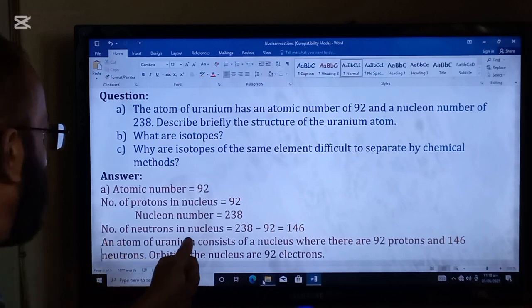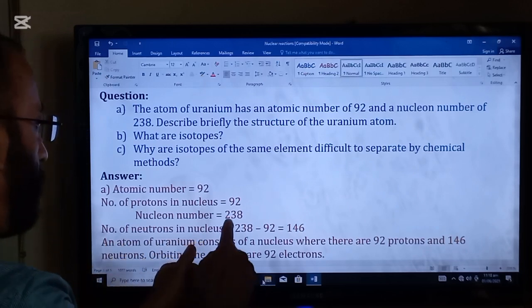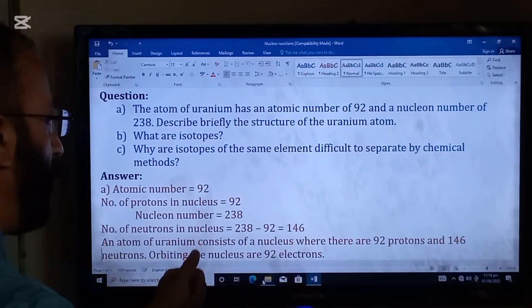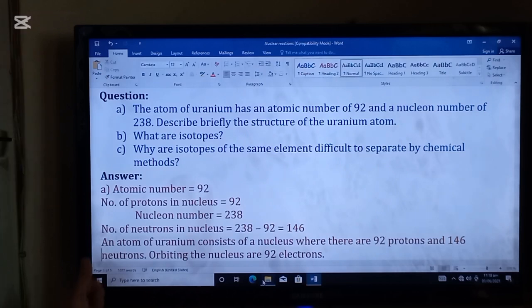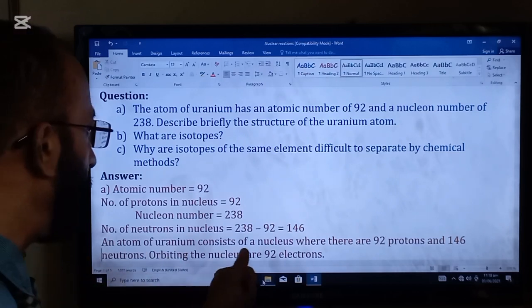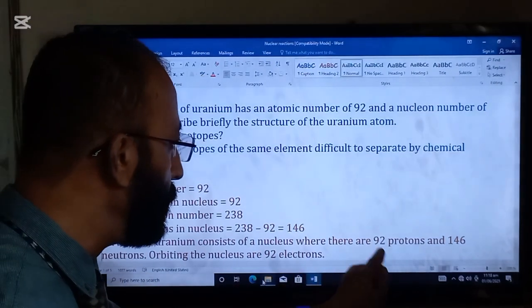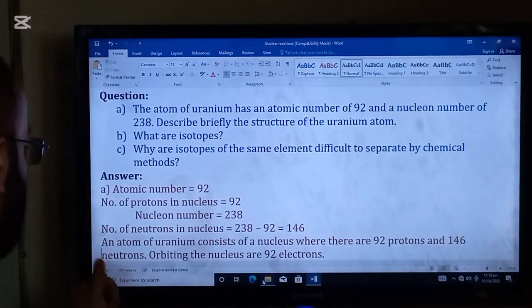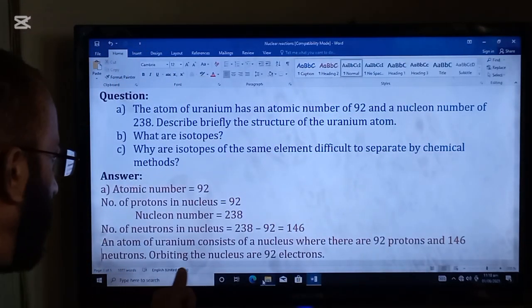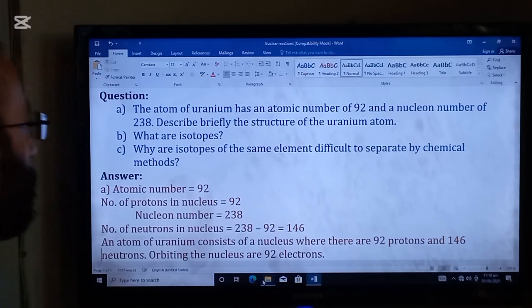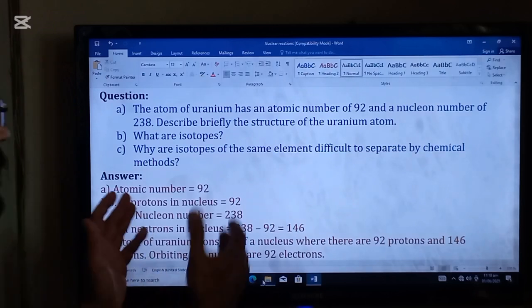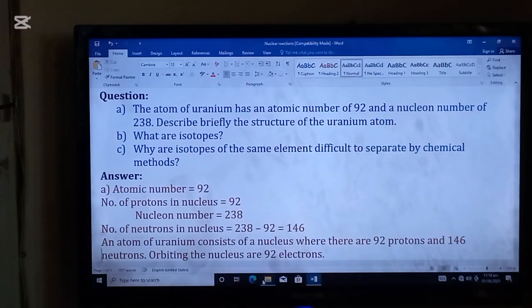So the number of neutrons in the nucleus will be 238 minus 92, which is equal to 146. An atom of uranium consists of a nucleus where there are 92 protons and 146 neutrons. Orbiting the nucleus are 92 electrons. So this is the structure of the uranium atom.